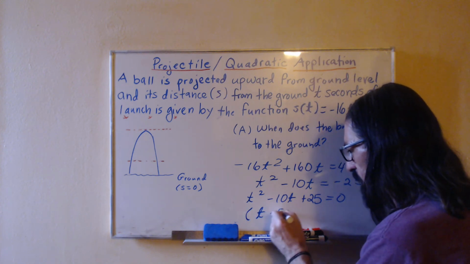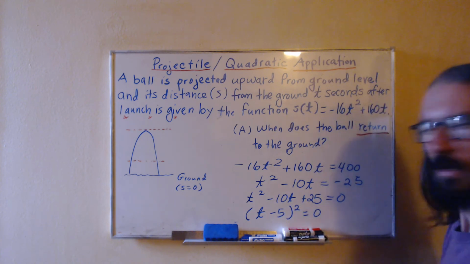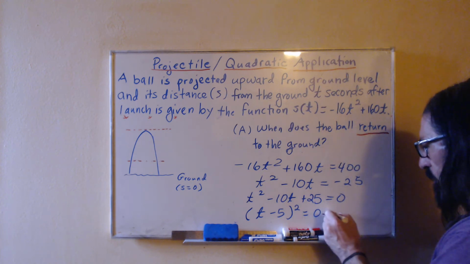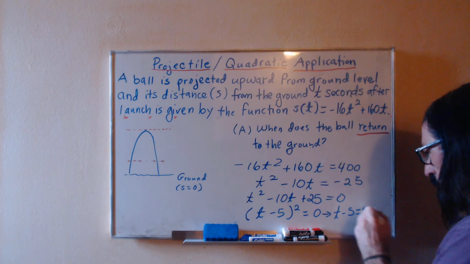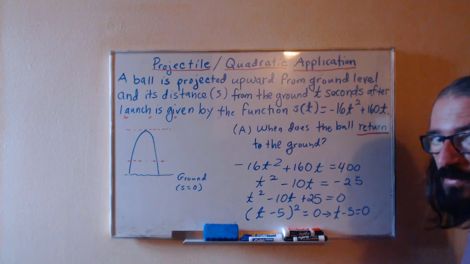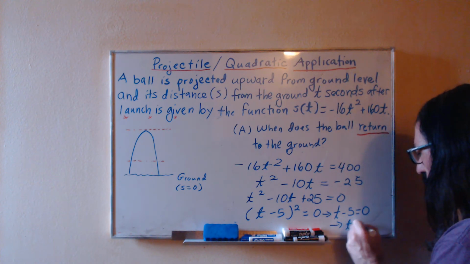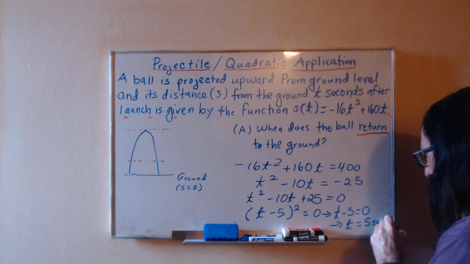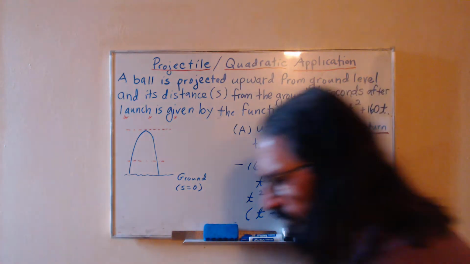This can be factored into the quantity t minus 5, all of that squared, is equal to 0. So when you take the square root of both sides, plus or minus 0, you still have 0. So you're just getting a single solution of t equals 5 seconds for it to be at a height of 400.